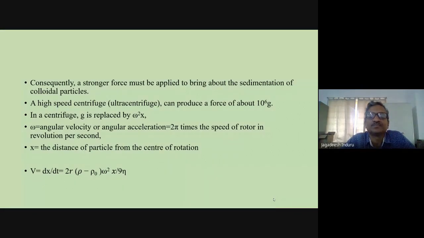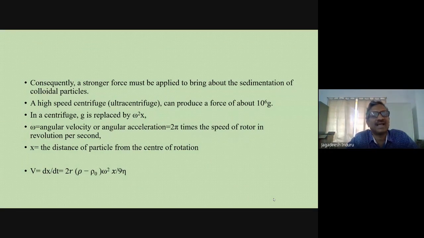A normal centrifuge cannot separate the colloidal particles to form a sediment. But in the ultracentrifuge, the centrifugal force produced is 10 to the power of 6 times more than the gravitational force. Because of that reason, we have the effect of omega squared x.